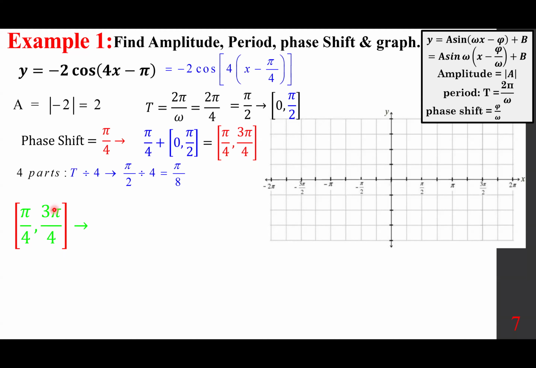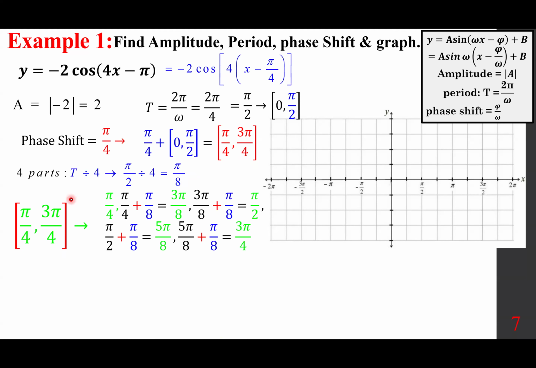Remember pi over 4 is 2 pi over 8, so I get 3 pi over 8. Then I add pi over 8, I get 4 pi over 8, which is pi over 2. Then I add pi over 8, I get 5 pi over 8. And then I add pi over 8, I get 6 pi over 8 or 3 pi over 4.